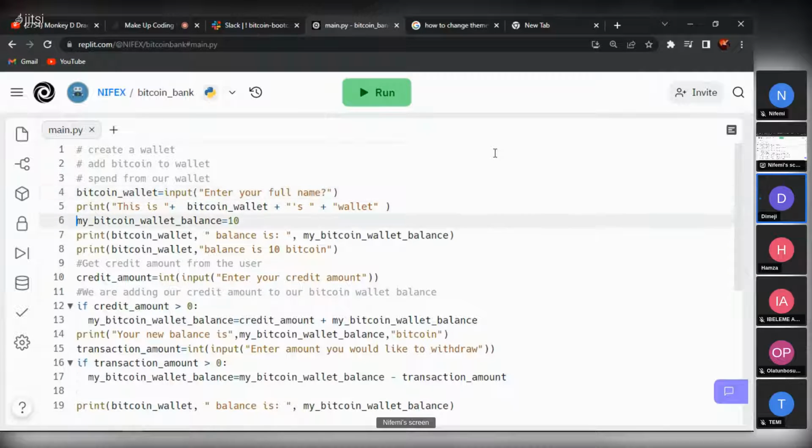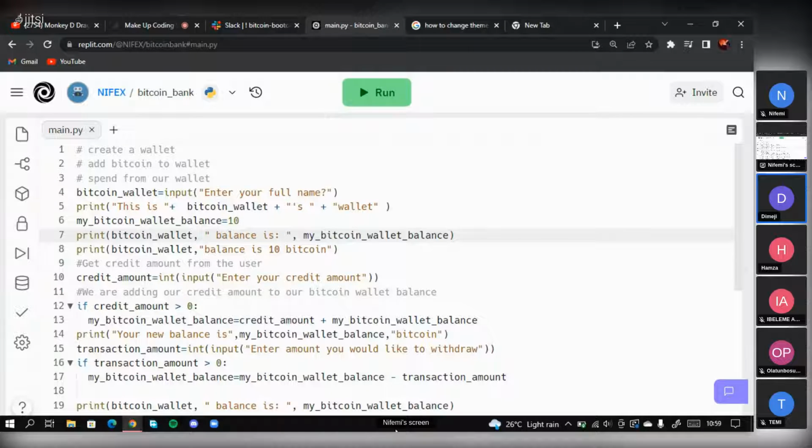Look at line 7 critically, and let's see what it would print. Look at it very well. What do you think is going to print? My Bitcoin wallet balance is 10.